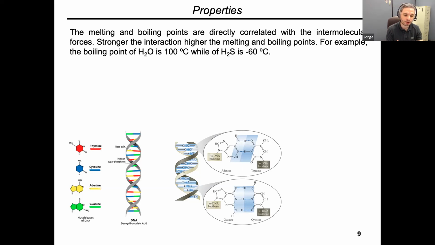So therefore, hydrogen bonding is what keeps the DNA bonded, the two strands bonded. So when you want to split the two strands, you have to break the hydrogen bonds here. Okay, so that's how you unzip the DNA and can do all the biological processes.